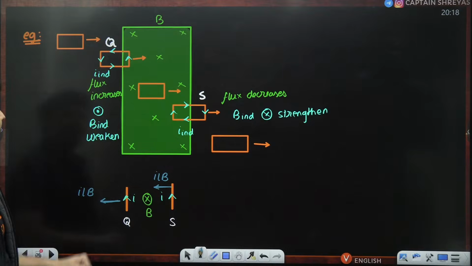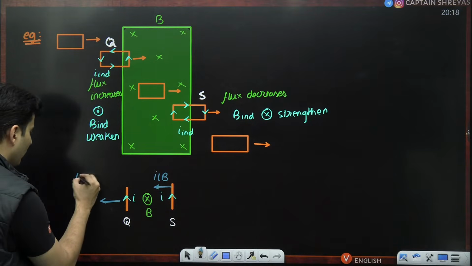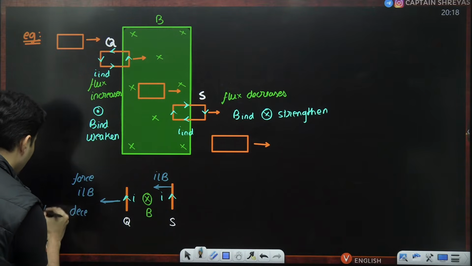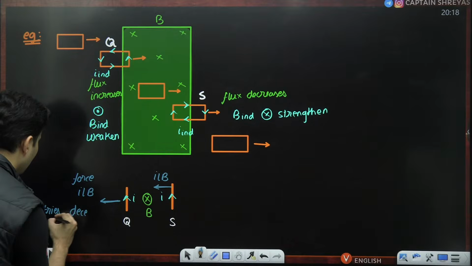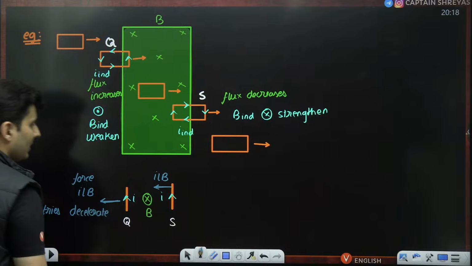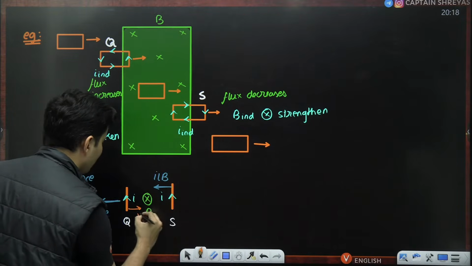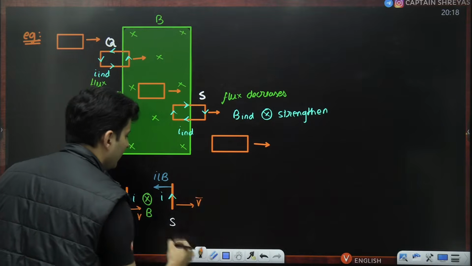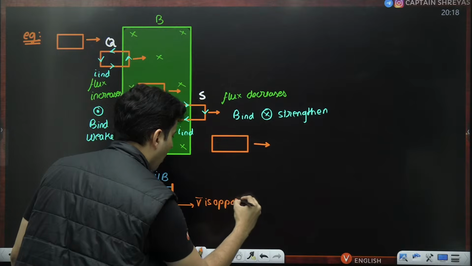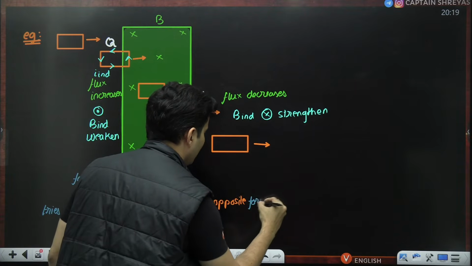What does this mean? When you're trying to move this rod inside, this ILB force tries to decelerate it. It tries to decelerate in both the cases, because we know that the velocity is opposite to the force.